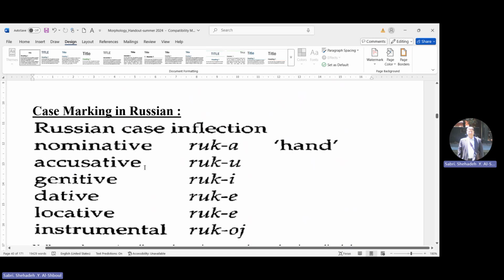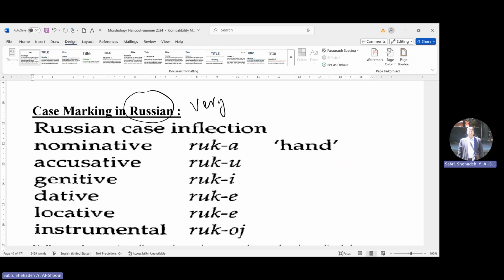Maybe other examples, as in case marking in Russian, and we all know that Russian is very rich in terms of inflection, which is case, because Russian has more than 7 case inflections or markers.